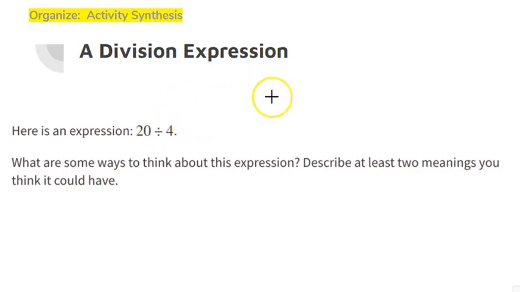I know that says the same thing, but it's a little bit different wording as far as what you're talking about. We can also think of it as not only 20 divided by 4, but also as 20 times something. Think of it as not how many, but 20 groups of 1/4.